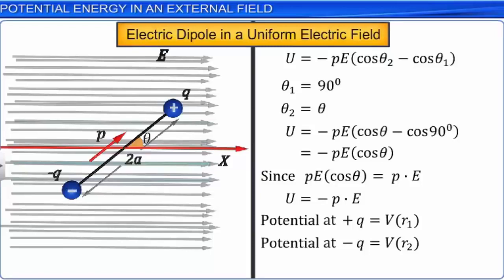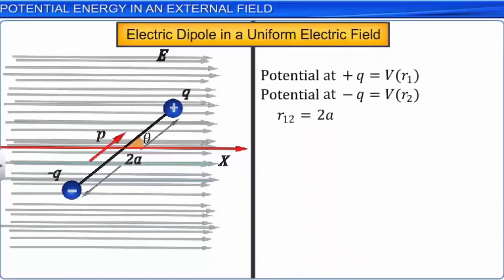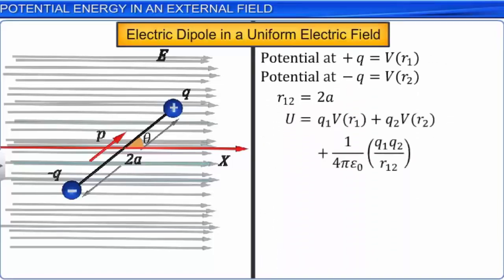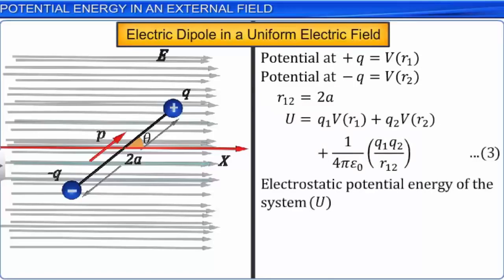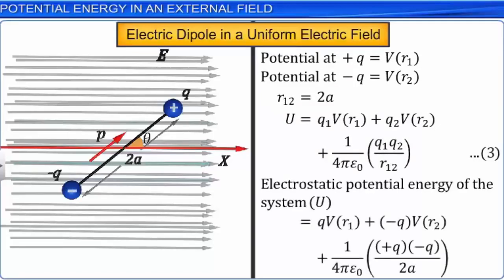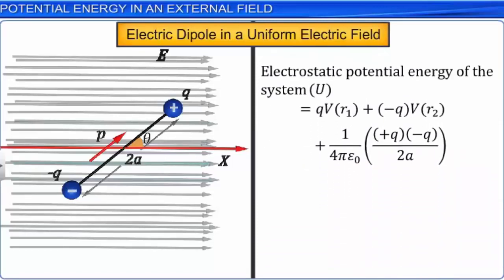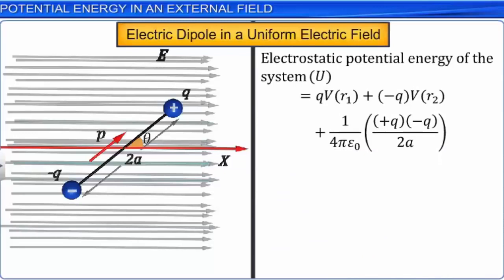Then, substituting Q1 equal to plus Q and Q2 equal to minus Q in equation 3 and simplifying, we get potential energy U of the system as U is equal to plus Q into V of R1 plus minus Q into V of R2 plus 1 by 4 pi epsilon naught into minus Q square by 2a.